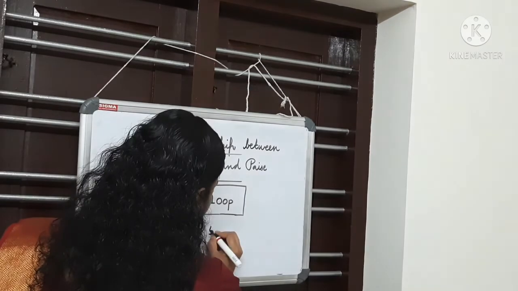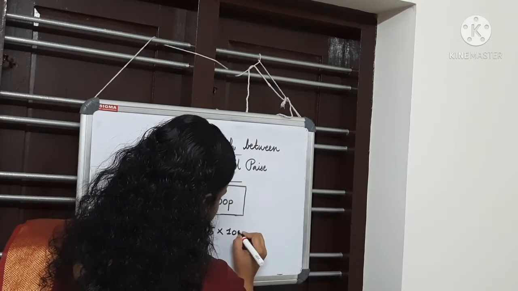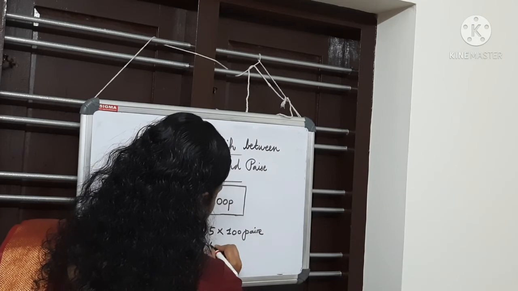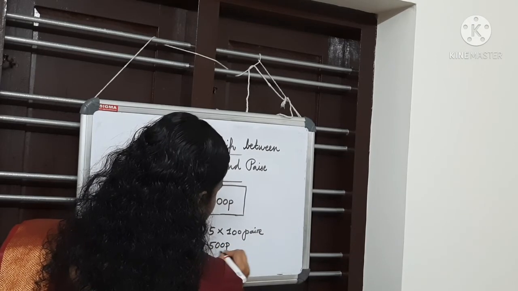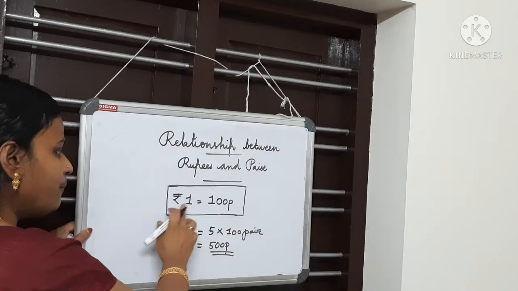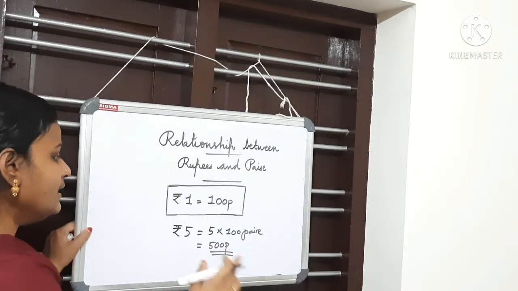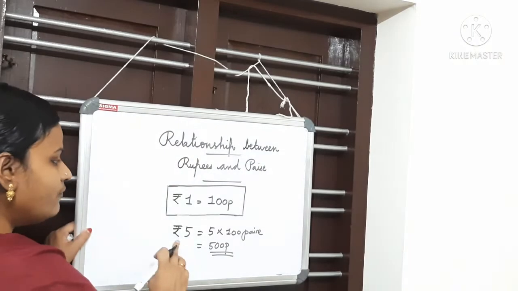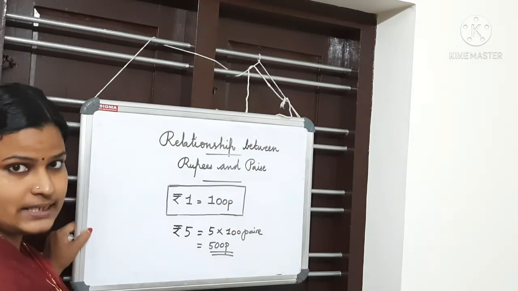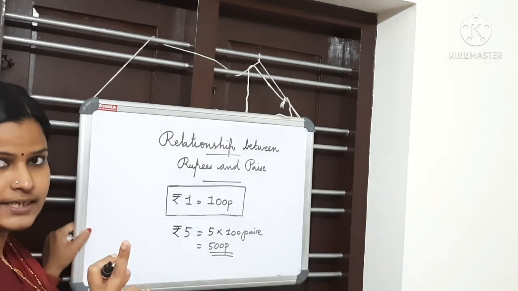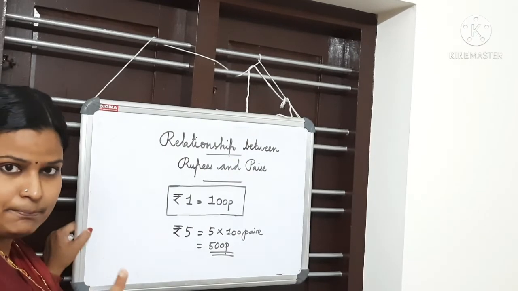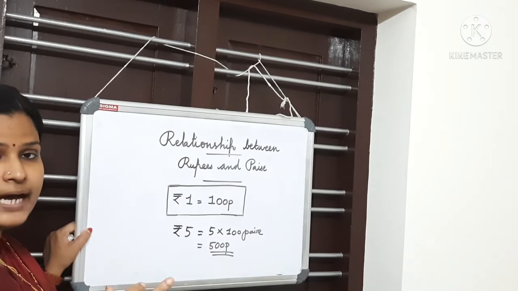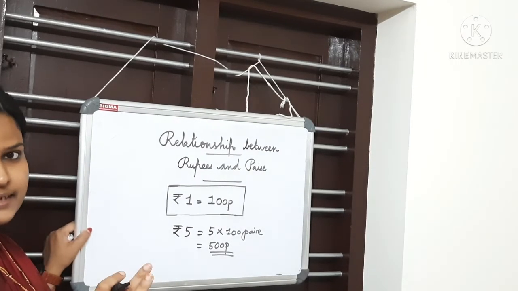Okay. 5 into 100 paise, which is equal to 500 paise. So, if 1 rupee is equal to 100 paise, then 5 rupees is equal to 500 paise. So, to convert rupees to paise, you have to multiply by 100. Keep that in mind.